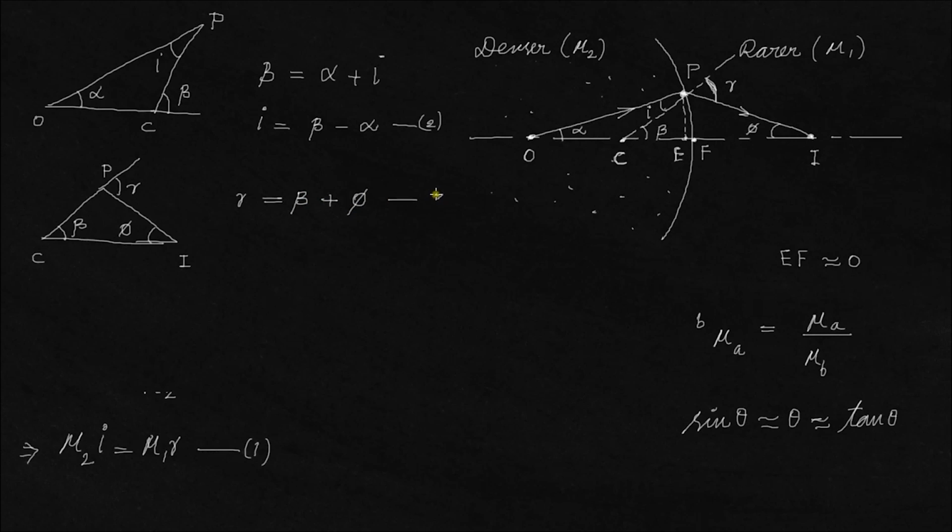Let me put this as equation number 3. Now substitute 2 and 3 in equation 1. You will get mu2 into i, which is beta minus alpha, is equal to mu1 into r, we have r equal to beta plus phi. Call this equation number 4.